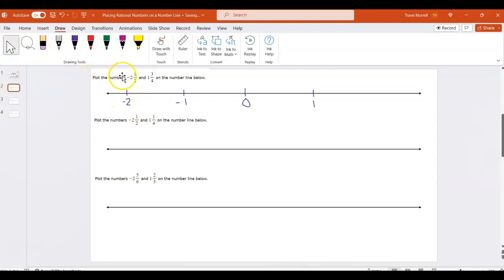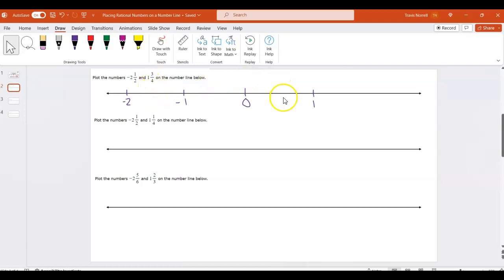Now, what I notice here is that -2.5 versus +1 3/4. Now, what ALEKS does is it's breaking it up into fourths. It's breaking it up into whatever the largest denominator is.